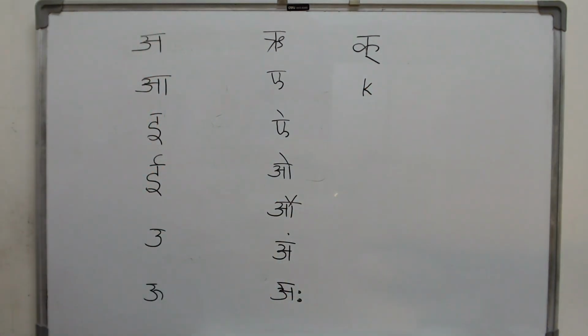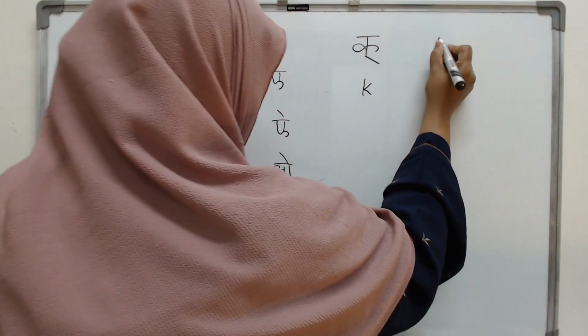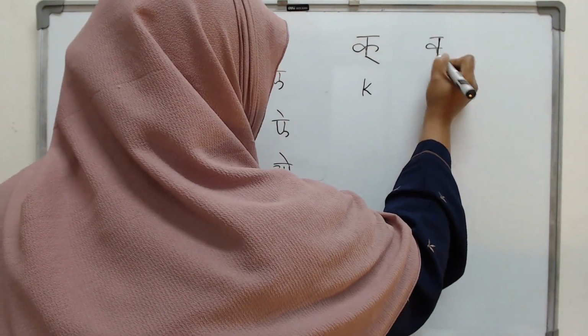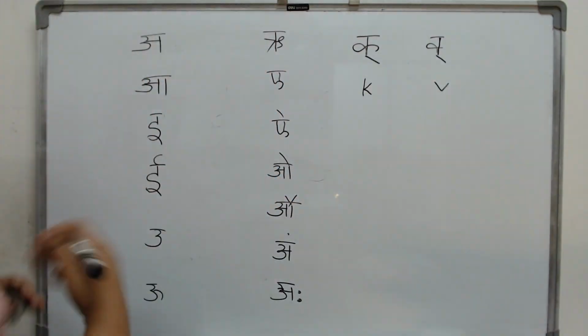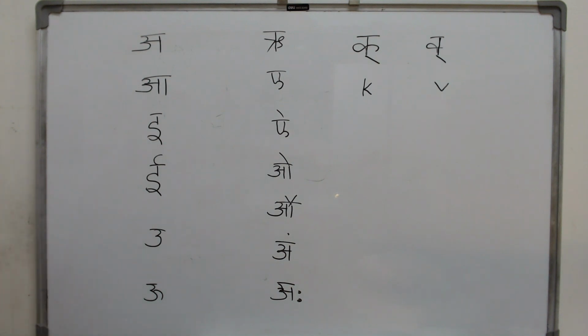Not ka, ki, ku, nothing, just k. You cannot pronounce the consonant unless you add a vowel to it, and this would be just v. No va, vi, vu, nothing. Just gives the sound v without any vowels added to it.